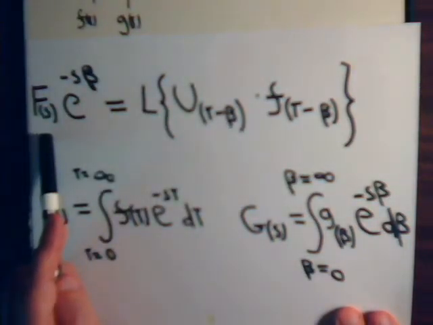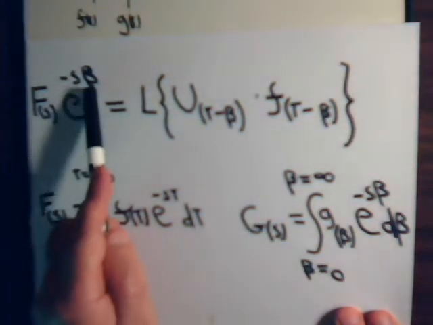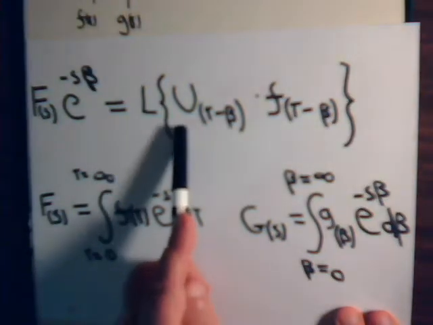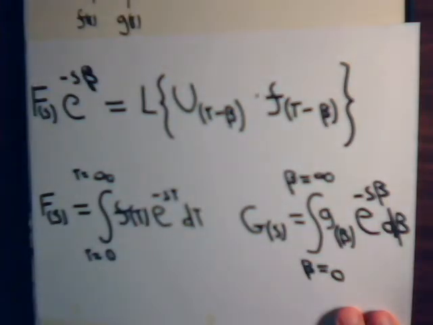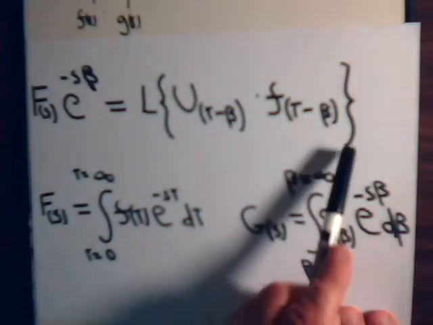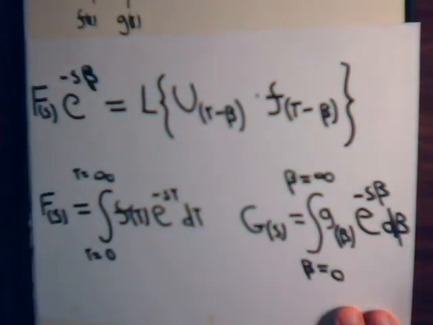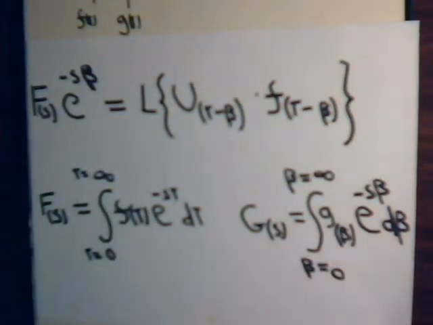F of s, the Laplace transform of a function f of t, times e to the minus s beta is equal to the Laplace transform of the unit step function u of t minus beta times not f of t, but f of t shifted, f of t minus beta. And again, we've discussed this. In fact, we derived this in our previous videos. We bring it to your attention now because we are going to make use of the fact when we are going to prove this equation right here.